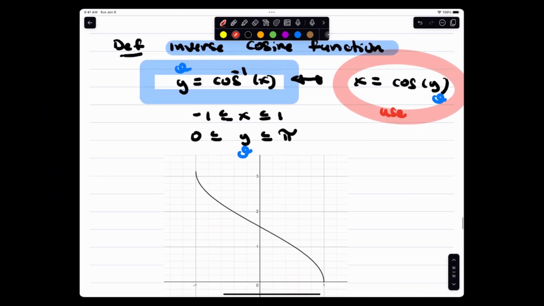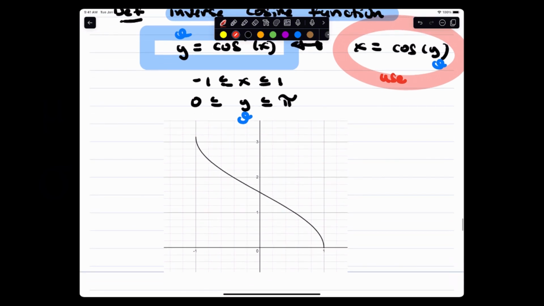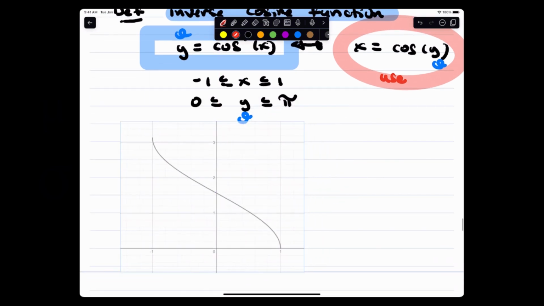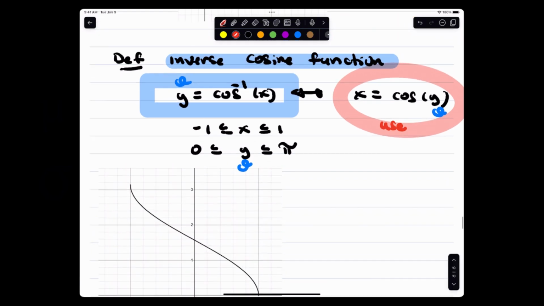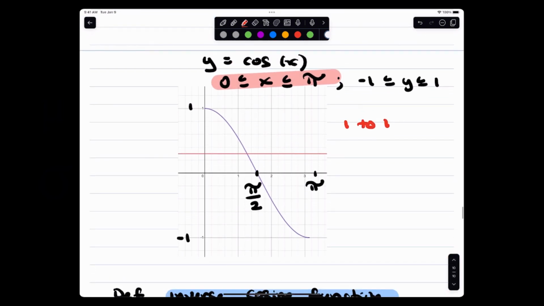So then I do want to show you guys another important picture here. About this restricted domain that we have, from 0 to pi. This is something we're going to have to remember as well, right? What quadrants are those? It's quadrant 1 and quadrant 2.